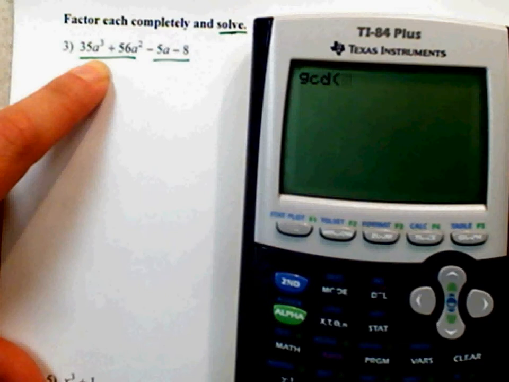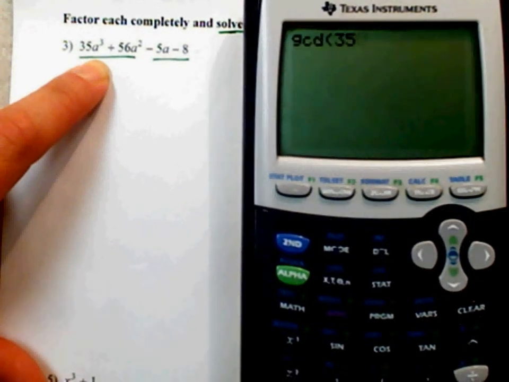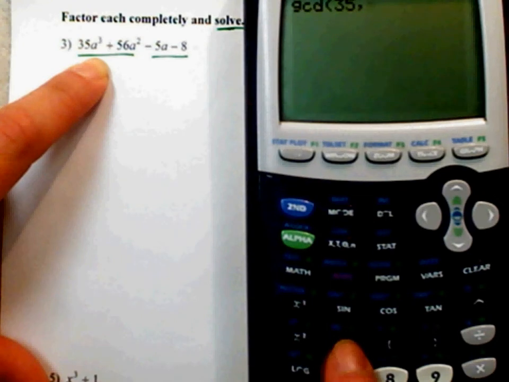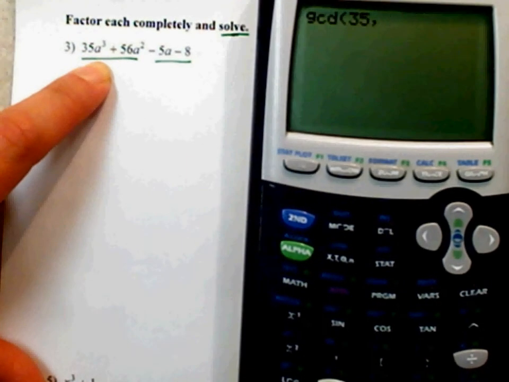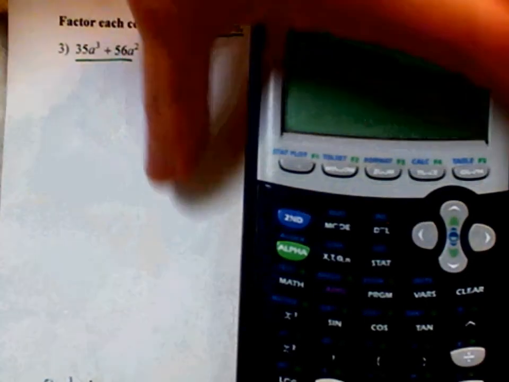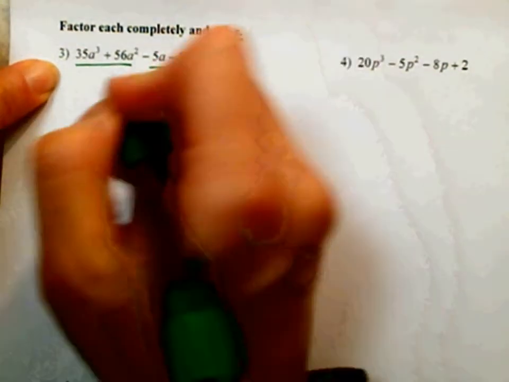What is the greatest common factor for 35 and 56? 35, comma, if you look, your comma is right above your 7, right here. There's your 7, there's your comma, okay? 56, enter. So what is the greatest number that goes into both of those? And that is 7.